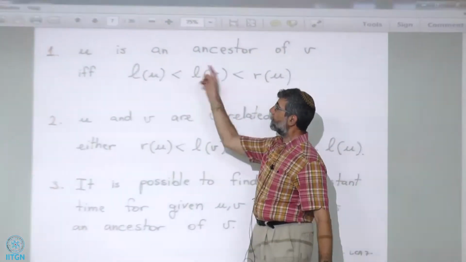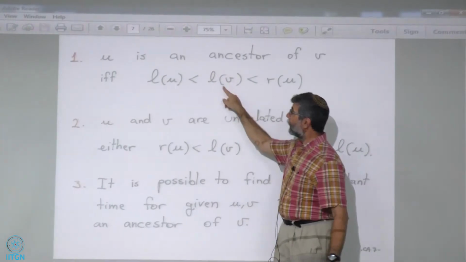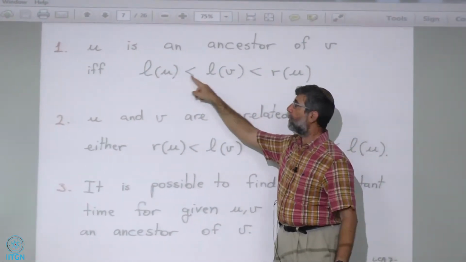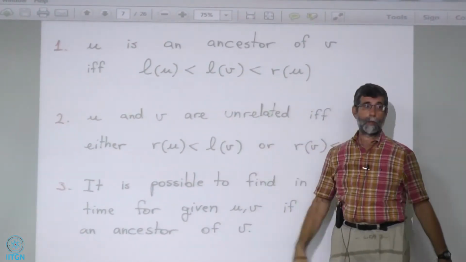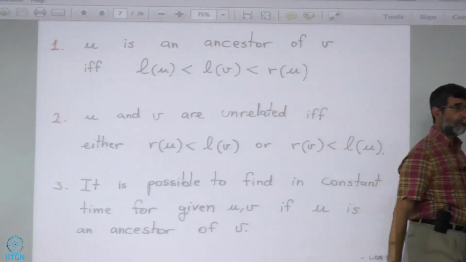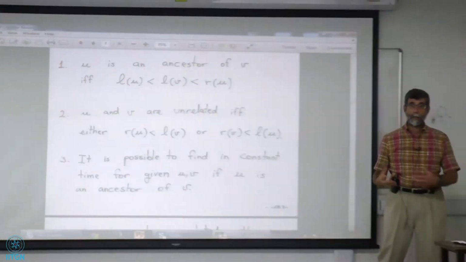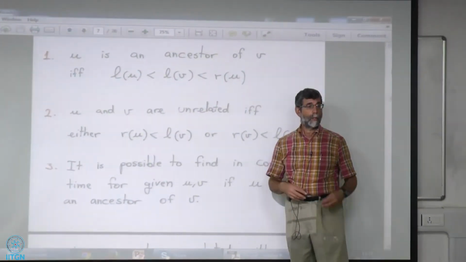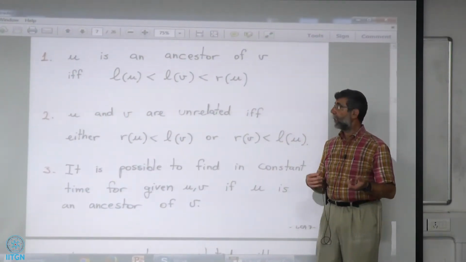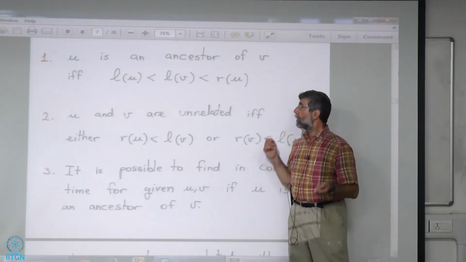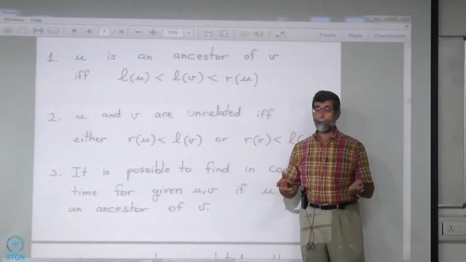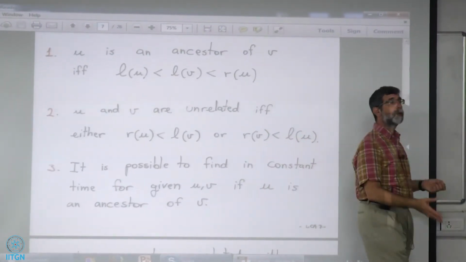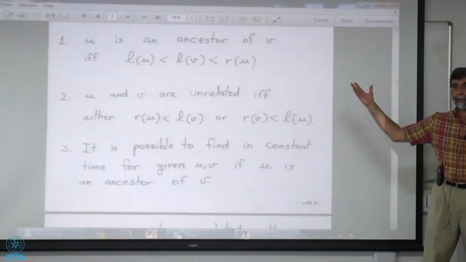When would I know that U is an ancestor of V? If L of V, and in fact R of V as well, is between L of U and R of U. That would make U an ancestor of V. And that is something you can check in constant time: go to the L array, find LU, go to the R array, find RU, look at LV and check if this holds.